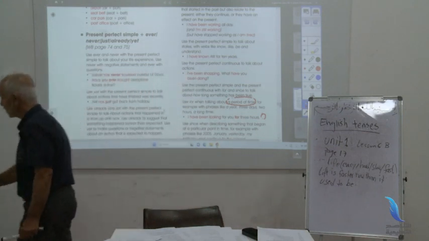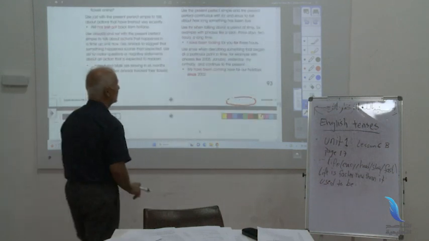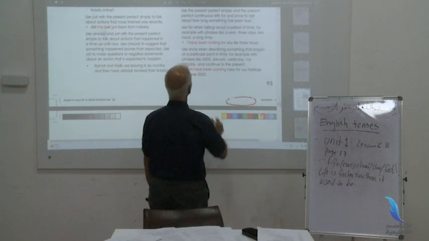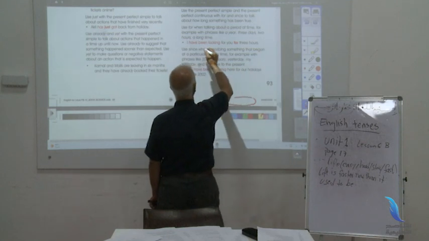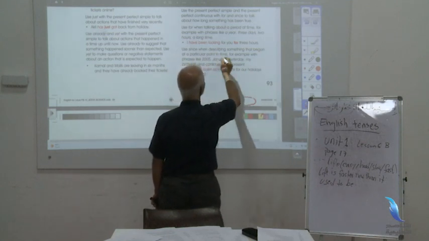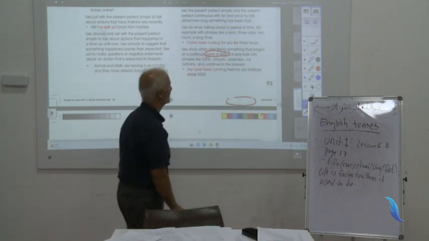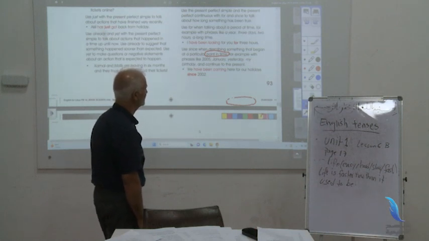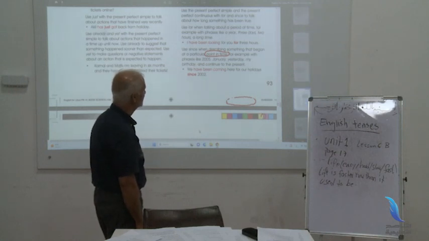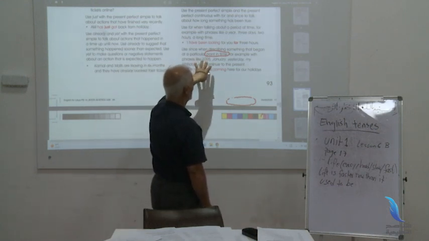I use since when I talk about a point in time. Use since when describing something that began at a particular point in time, for example with phrases like 2005, January, yesterday. When I say 2005, it's a year.